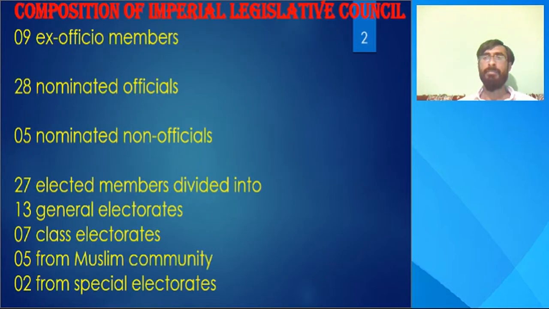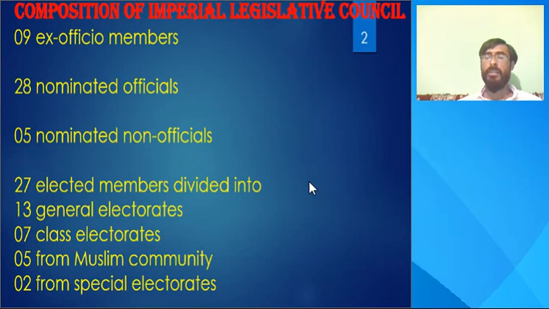The second feature, the second provision of this act was regarding the composition of Imperial Legislative Council. The Central Legislative Assembly, also known as Imperial Legislative Council, consisting of 69 members, and these members were divided into two categories: officials, non-officials.